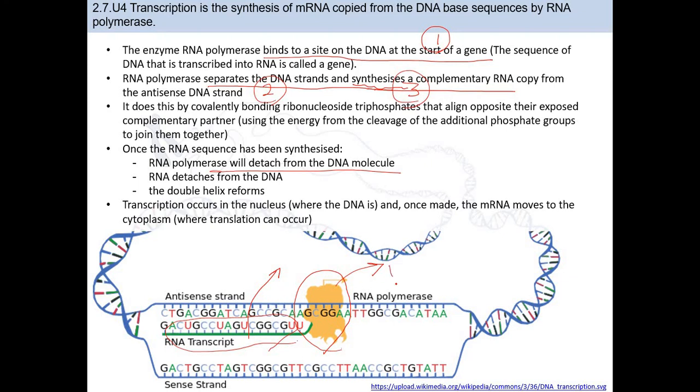So separation of the RNA polymerase is 1, detaching of the RNA is 2, and 3, the double helix reforms. These two strands go back and reform by attaching to each other again: A to T, A to T, T to A, and again the hydrogen bonds are reformed.